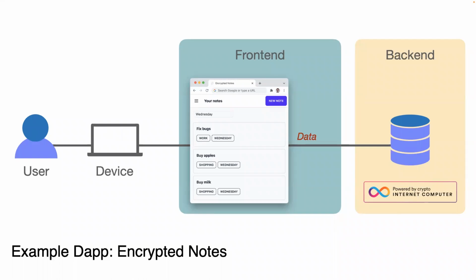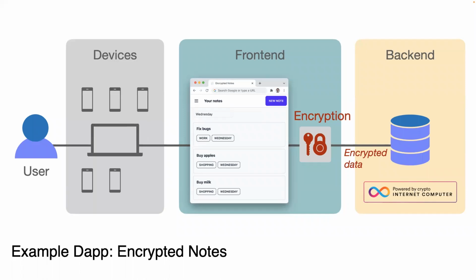So the key aspect which makes these nodes encrypted is that the front end does not have to trust how the canister is implemented and can store data in a secure way because it encrypts it at the client side. So then only the encrypted data is actually stored on the IC.